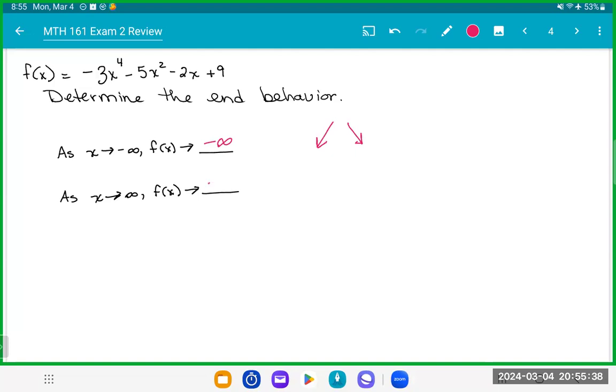So in both cases, we're going to be heading to negative infinity. And that's all based on the end behavior of that -3x^4. So we're negative and the even exponent, so we're dropping both to the left and the right. Okay. Any questions on end behavior?